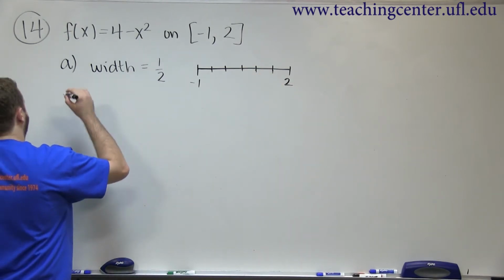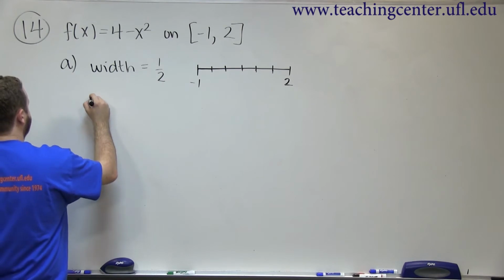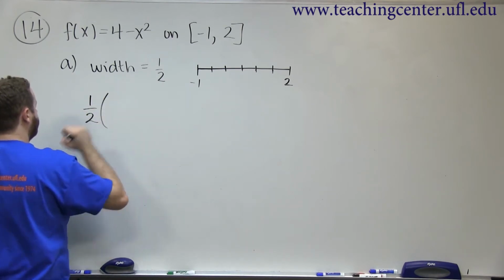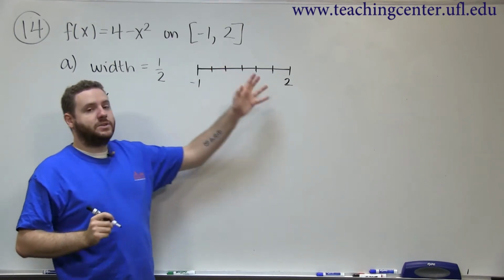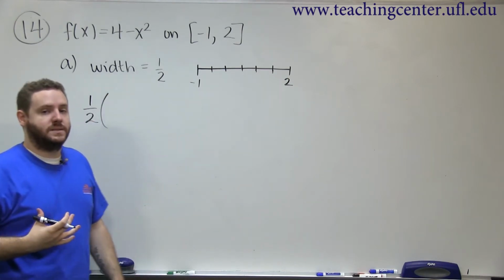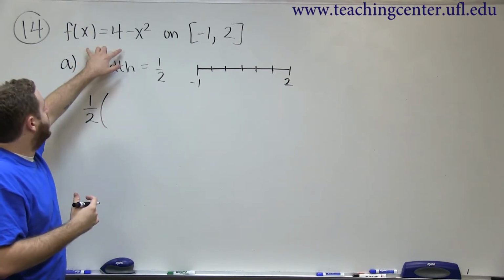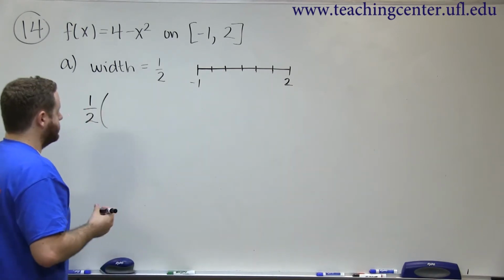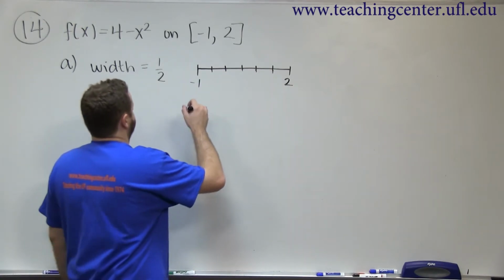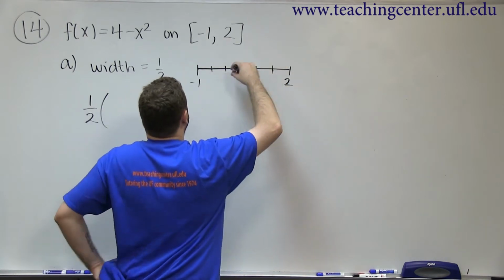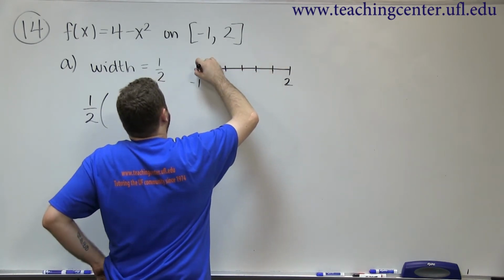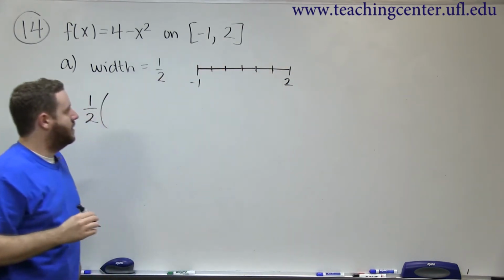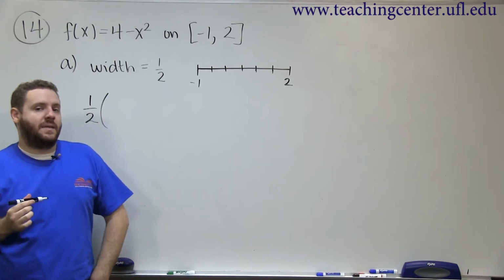So therefore, our sum, our estimate, would be 1/2 the width times the height of each rectangle. So remember, the height of each rectangle is determined by the function, and you plug in each of these points. So this function looks like something, and every rectangle is going to have a height of whatever the function is at the left endpoint.